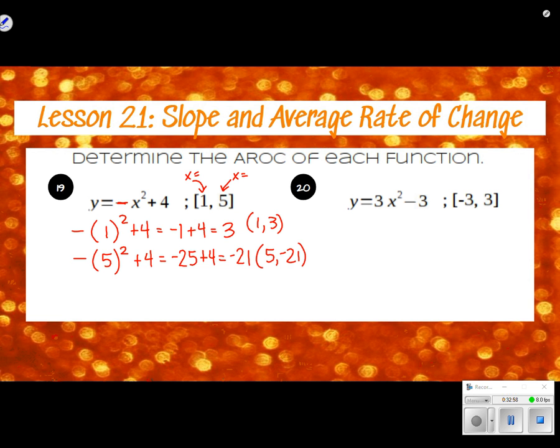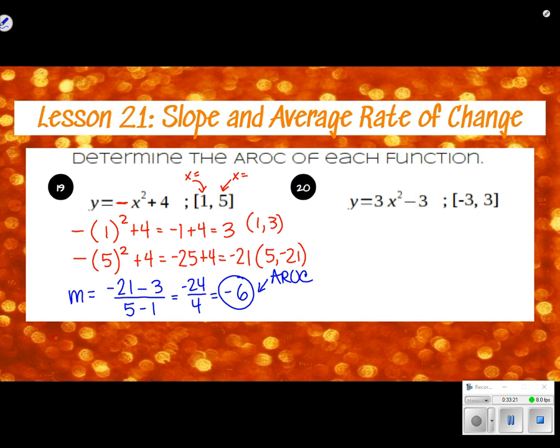For the graph, the y value is there. For the table, the y value is there. For this one, you have to find the y value and then do slope. So slope is -21 minus 3 over 5 minus 1, which is -24 over 4, which is the slope of -6. Average rate of change is just slope.